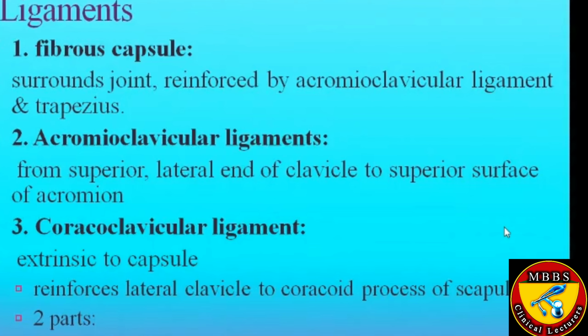The third one, the main bond of union, is the coracoclavicular ligament. This lies extrinsic to the capsule and it connects the lateral clavicle to the coracoid process of the scapula. This coracoclavicular ligament comprises two parts: one we call the conoid part and the other the trapezoid part.